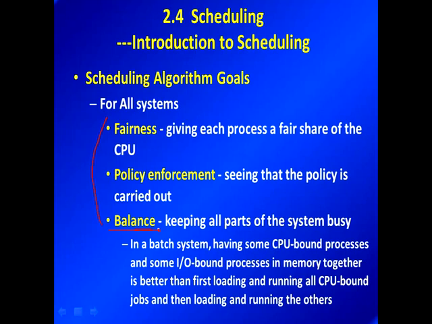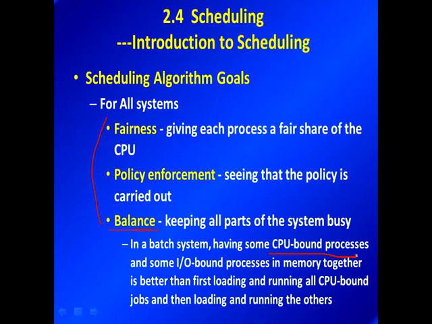It means if there are multiple processes in the system, some of them are CPU bound processes and some of them are IO bound processes. And usually such a system can get better performance than systems with only CPU bound processes, or than the system with only IO bound processes.